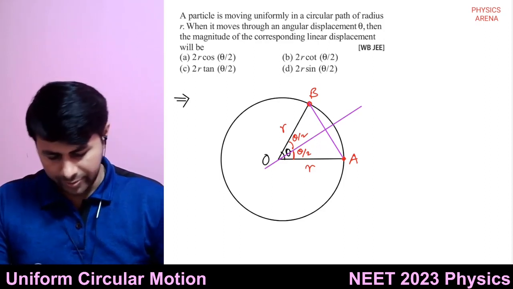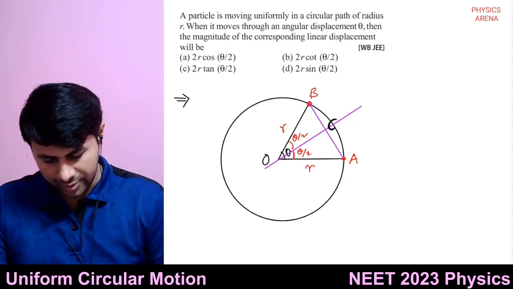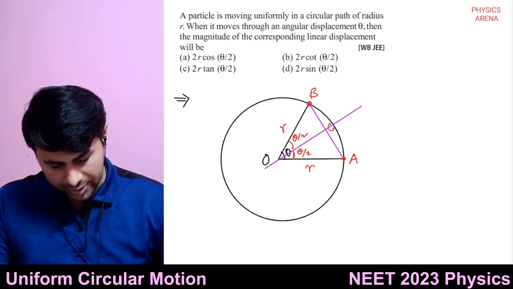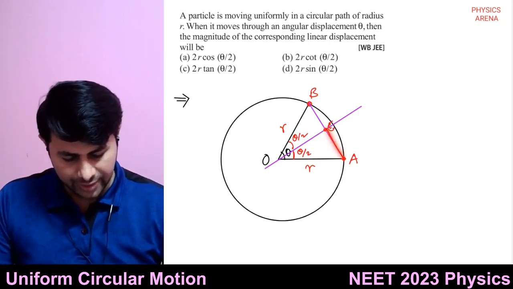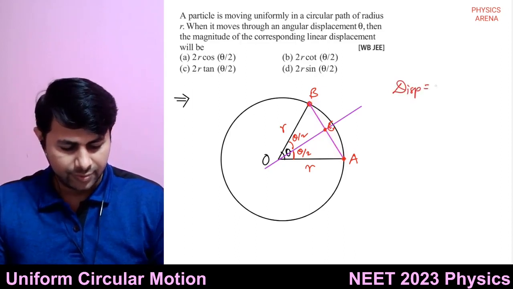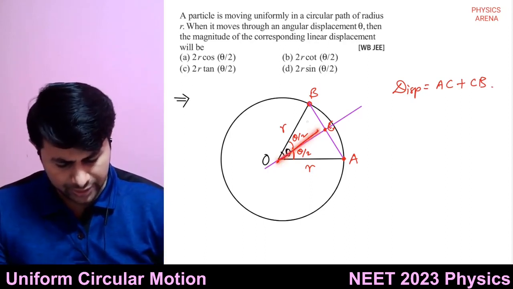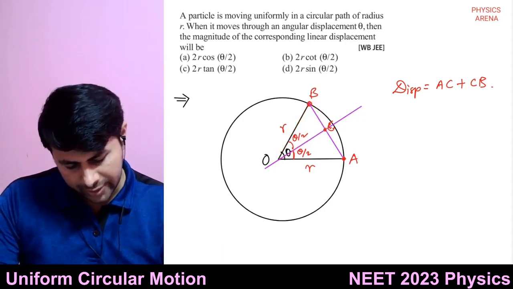Let's call this point C. Okay, this is the point C. Okay, so can I say it is AC plus CB? Displacement is equal to AC plus CB, right? And if you see this triangle, so in this triangle, what is CB?